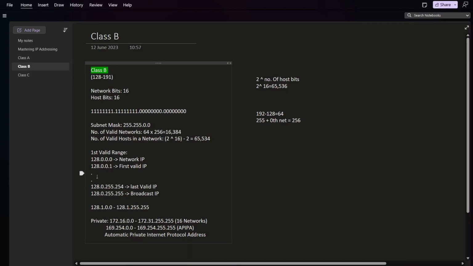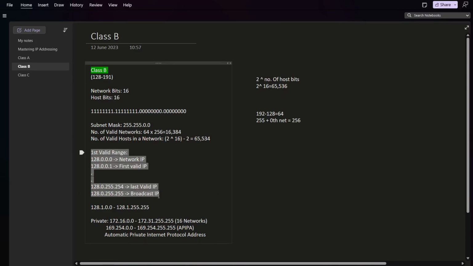You know how this comes: the range of host bits can go up to 255. We have seen in the previous videos how the binaries change, and when all bits are turned on, the decimal number is 255, right? The broadcast IP will be 128.0.255.255.